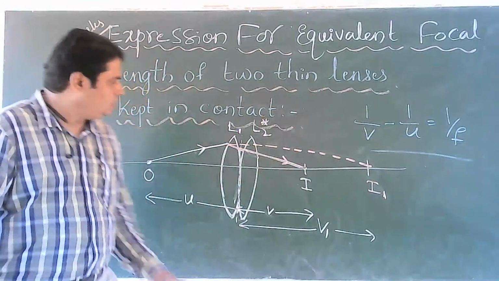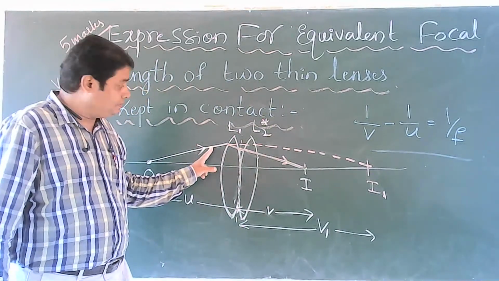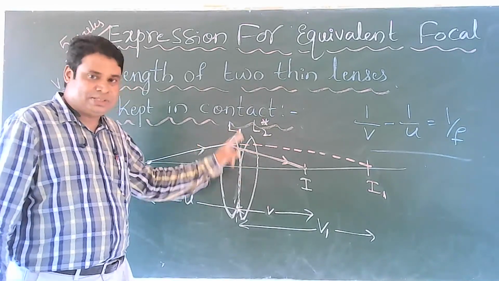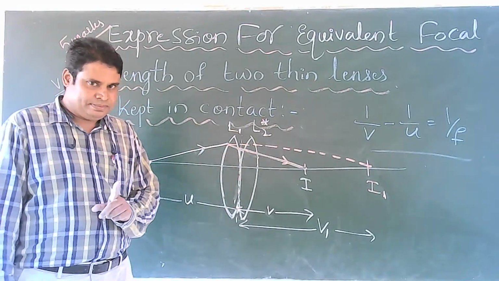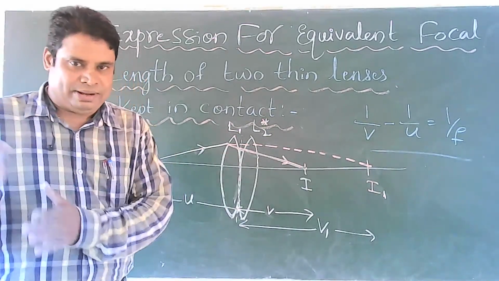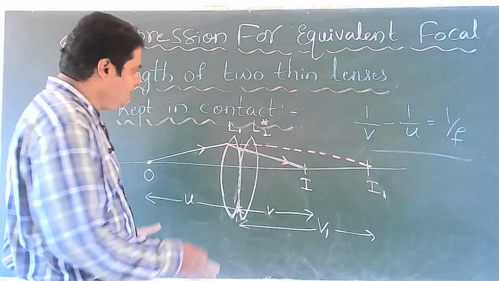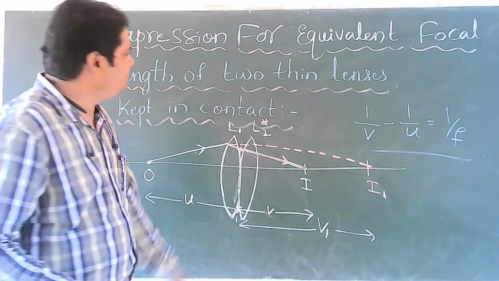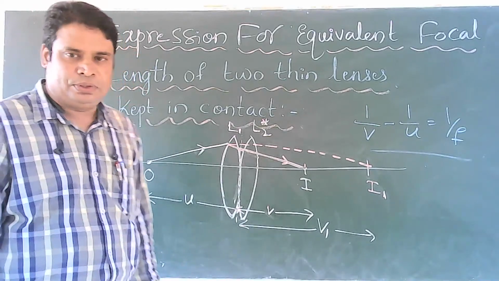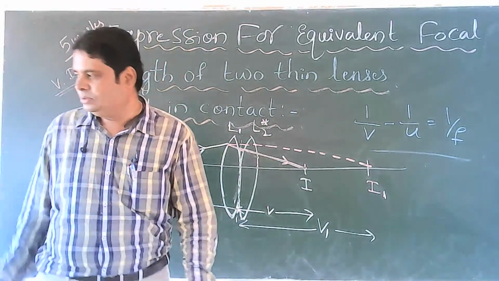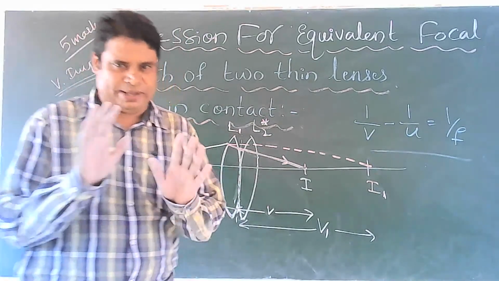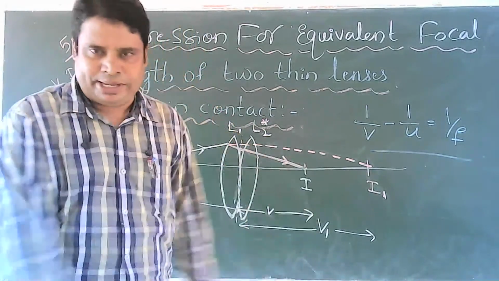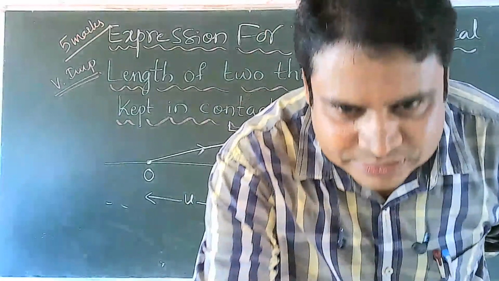Second point, in the absence of the second lens, write the refraction through lens L1. Then in the second part, write the refraction through L2. Then simplify the equations and we get the expression for the focal length of two thin lenses kept in contact. Anyway, I will not derive it now. This is the basic idea I have given. Tomorrow or day after tomorrow, let us derive the equation. Okay. Thank you very much.